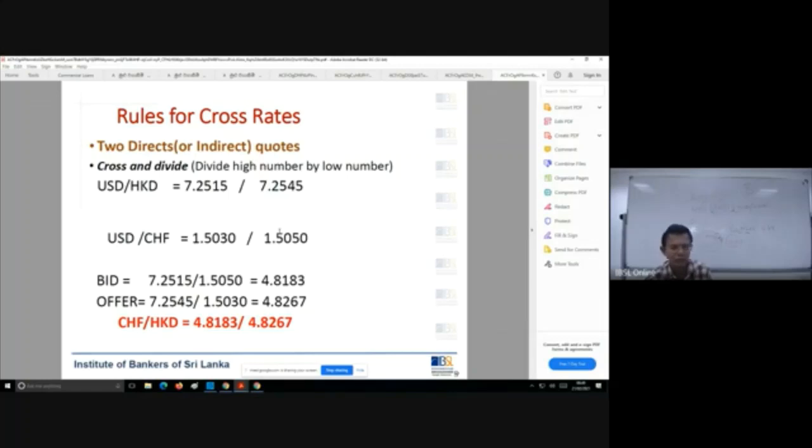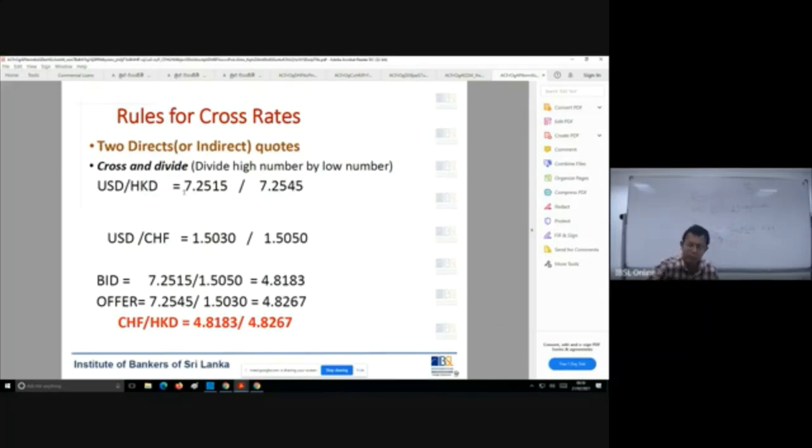Two direct, two indirect quotes. Which one should the answer be? Now in this case, USD: 1 USD equals 7 HKD, 1 USD equals 1.5 CHF. Who pays more for the dollar? HKD pays more.